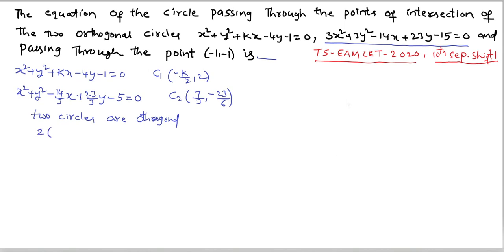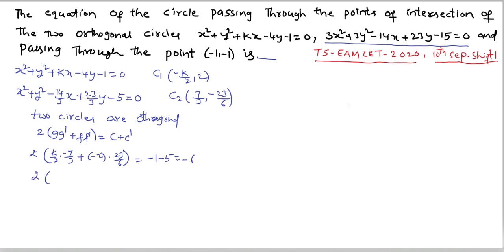Orthogonal means 2gg' + 2ff' = c + c'. 2 into g value, that is k by 2, into g' minus 7 by 3, plus f value, that is minus 2, and f' 23 by 6, is equal to c minus 1 minus 5, equal to minus 6.